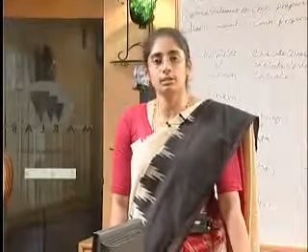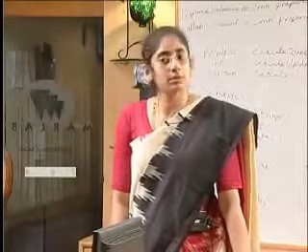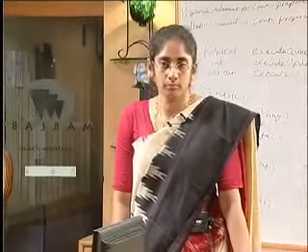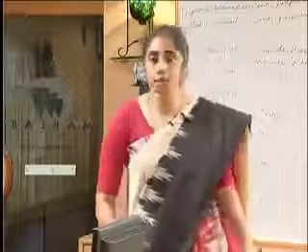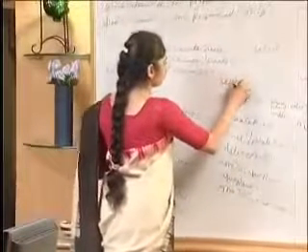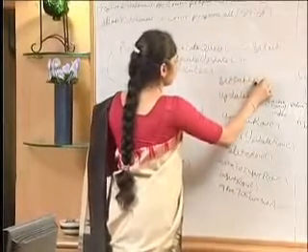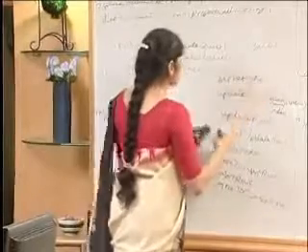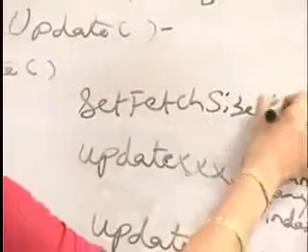By default, the fetch size is set in Oracle to 10. You can change the fetch size by saying setFetchSize of int. So you can specify at a time how many records you want into a result set.